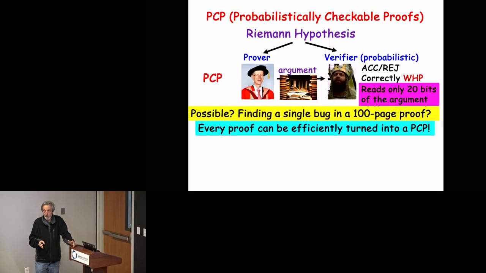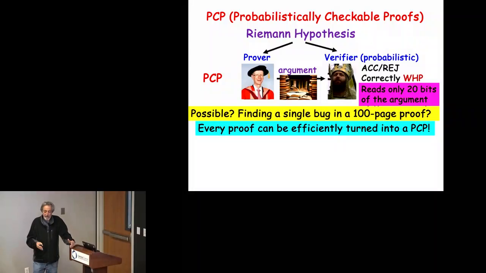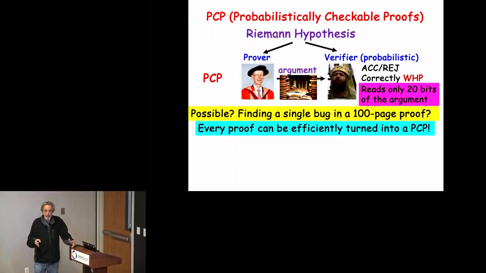Every mathematical proof can be converted efficiently to another written proof that can be verified this way. In other words, you take any proof, and there is this efficient procedure, not knowing whether it has a bug or not, but having the property that if the proof was correct, the new proof will be correct.